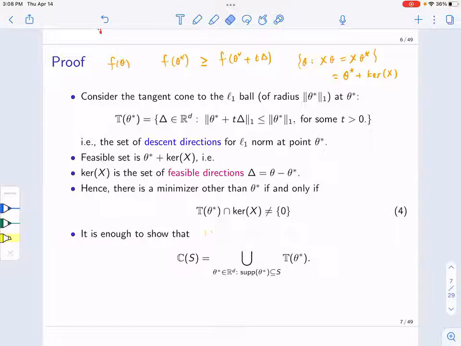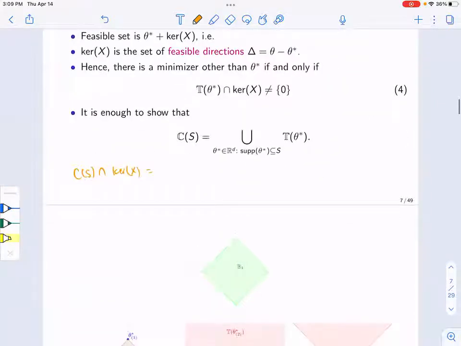So you would then have CS intersect with the kernel of X is the union of something like CS theta star intersect with the kernel of X, for all theta stars such that the support of theta star is in S. So this being 0 means that all of these are 0, so I can recover all of them.